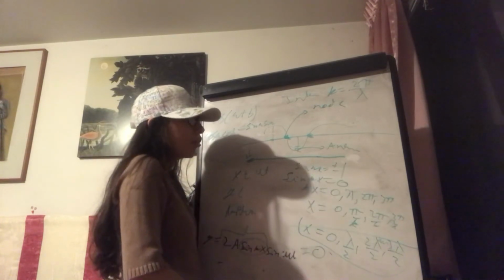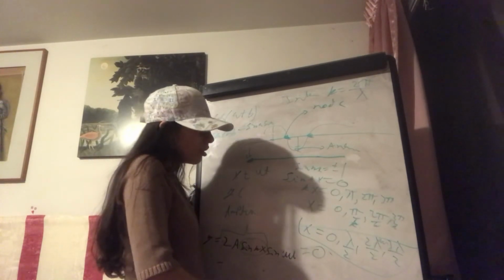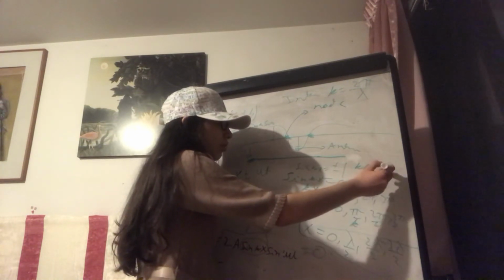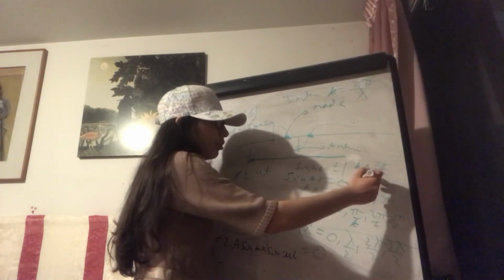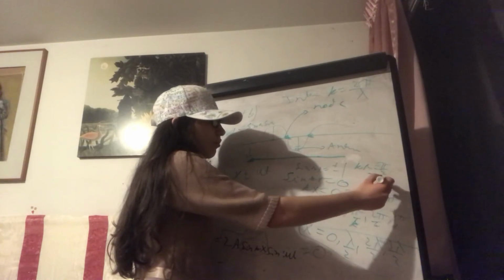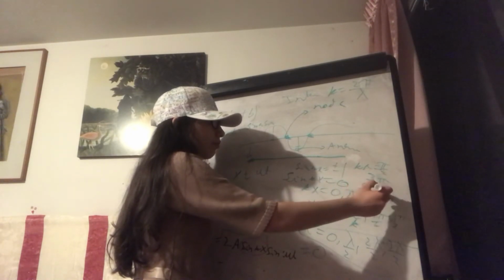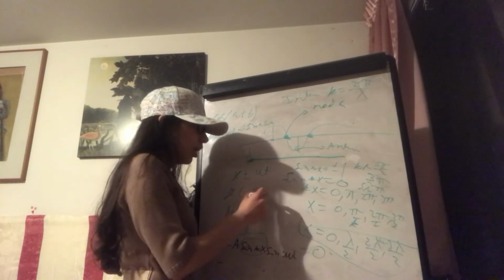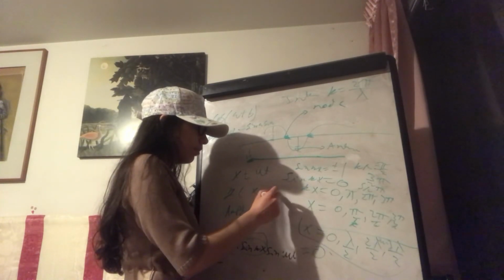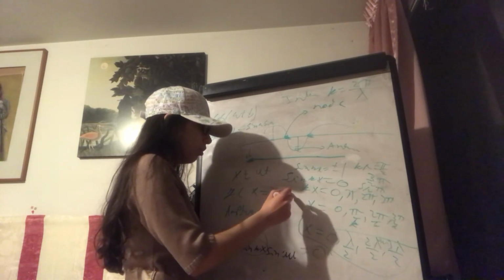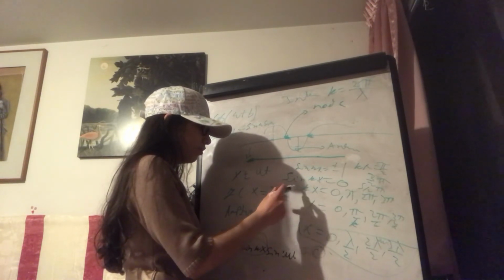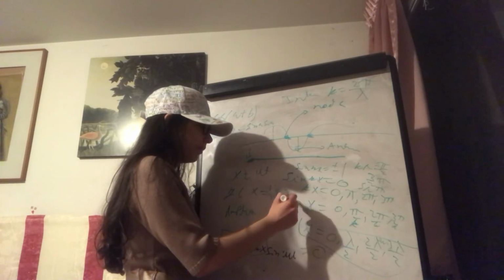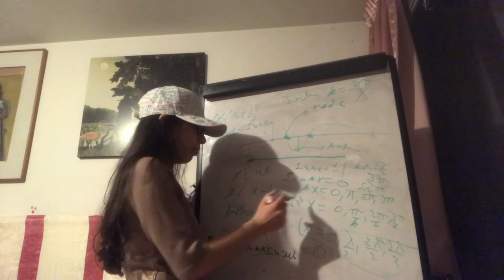So kx is pi over 2, 3 halves of pi, 5 halves of pi, etc. So x is 1 half of pi over k, 3 halves of pi over k, 5 halves of pi over k, etc.